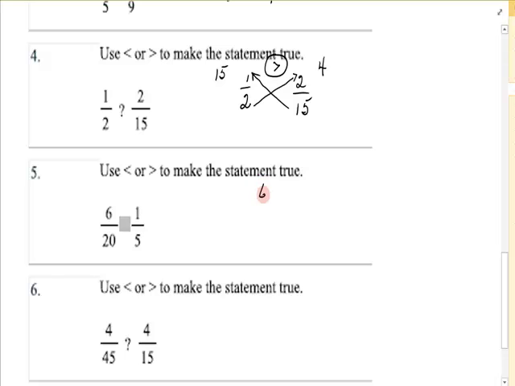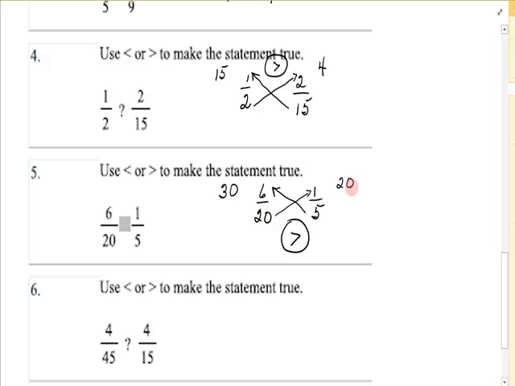Next, I have 6/20 compared to 1/5. You can rewrite 1/5 with a denominator of 20 or use the cross products. 1 times 20 is 20. 5 times 6 is 30. The symbol that would go between 30 and 20 is a greater than symbol. So that's the correct one.